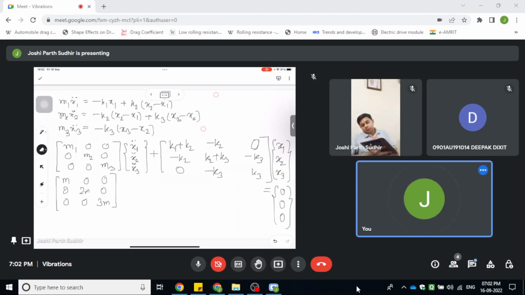We have been given this clue that m1 is m, m2 is 2m, m3 is 3m, and similarly for the spring stiffness, k1 is k, k2 is 2k, and k3 is 3k.